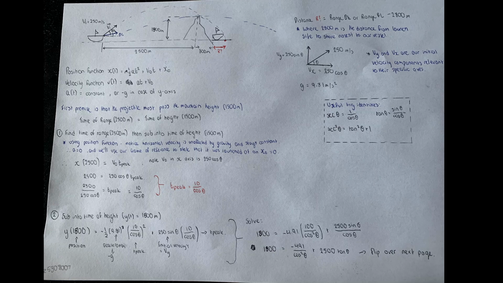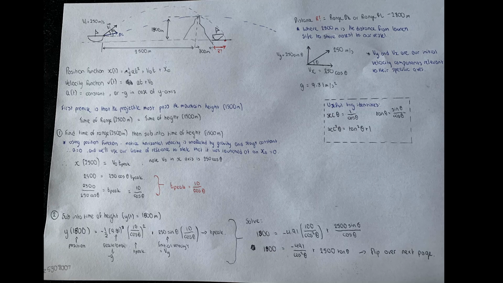In the top right corner, where it says distance r question mark, it states that it's either the range of our delta h, which is our first projectile angle, or the range of delta L, whichever one is fitted, take away 2,800 meters, which is the distance of the origin of the projectile on the x-axis, the sum of 2,500 meters and 300 meters, which is the distance of the boat shooting the projectile to the mountain, plus the distance from the top of the mountain to the shore.